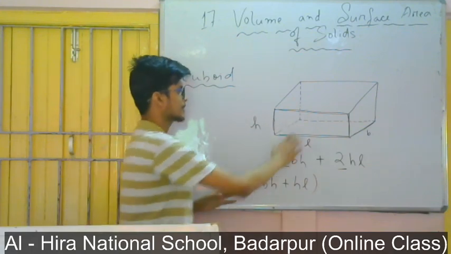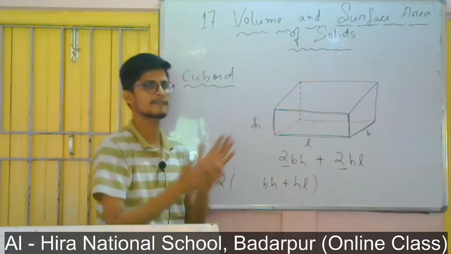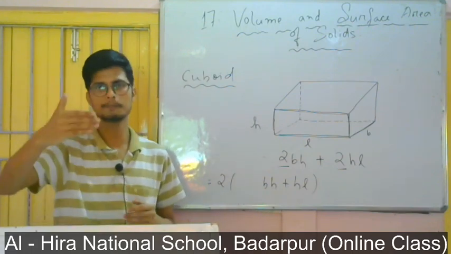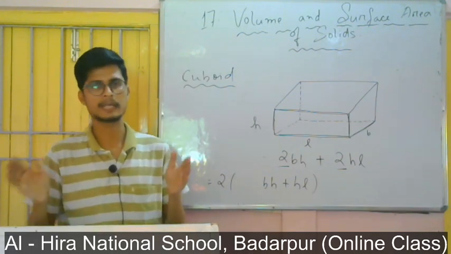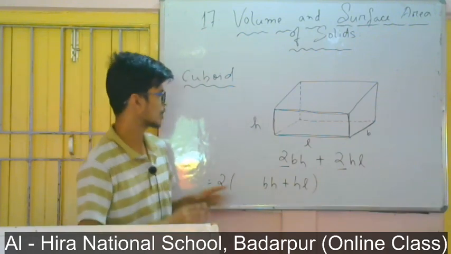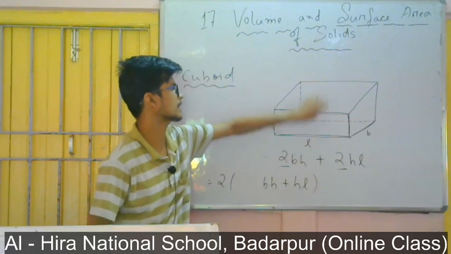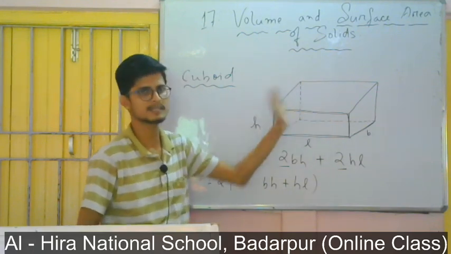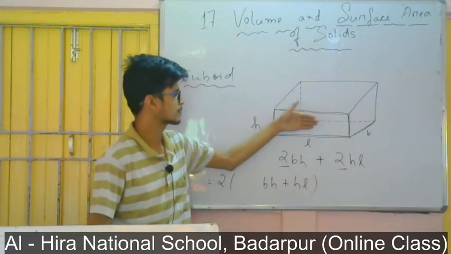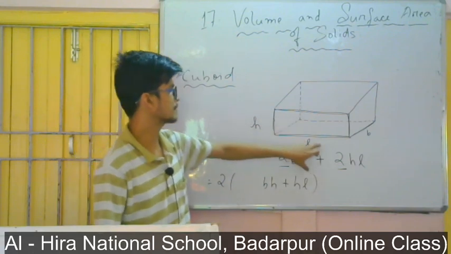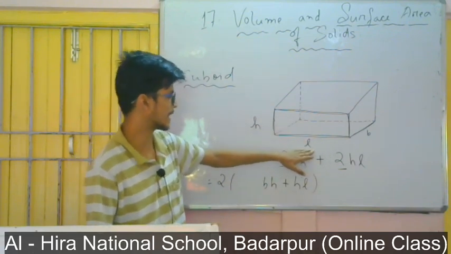Again, if I want to find the total surface area, I have to take the top and the bottom part, the front part and the back, and the left side and the right side, all 6 sides. The upper one and the lower one are the same, the right and left sides are the same, and the front part and the back side are the same.